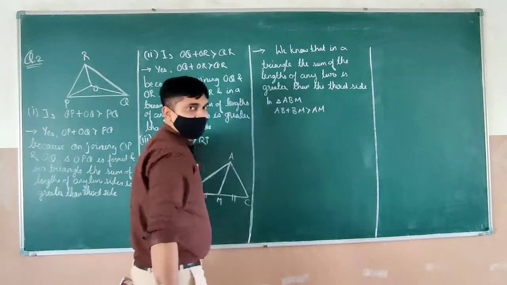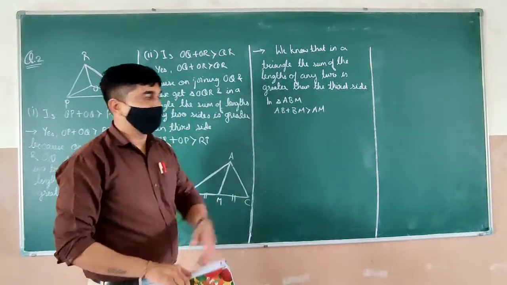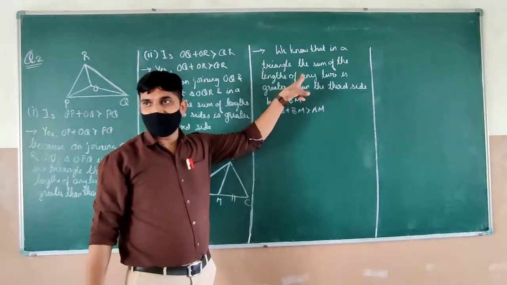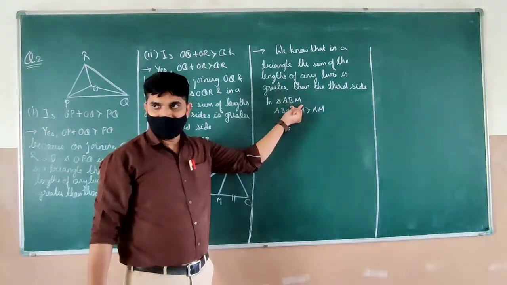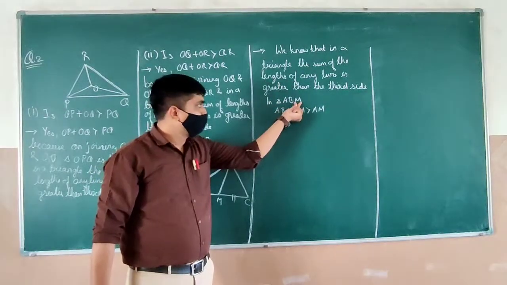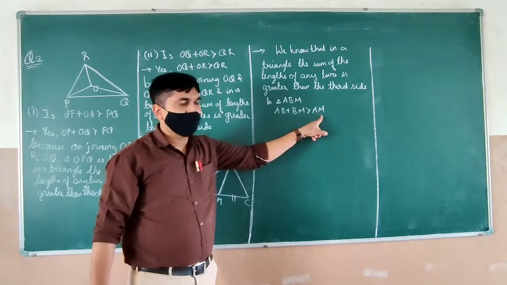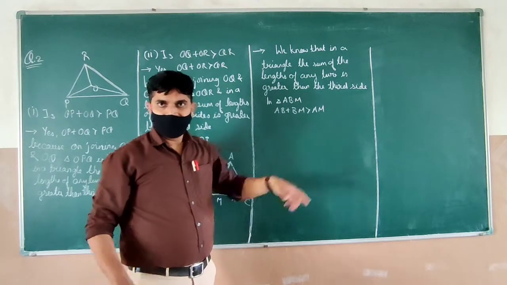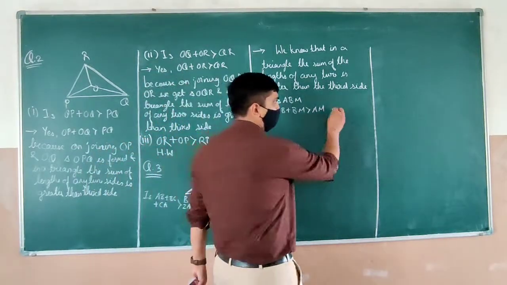It is the property. We are having this triangle. So definitely AB plus BM will be greater than AM. Clear? Let me give it number 1.